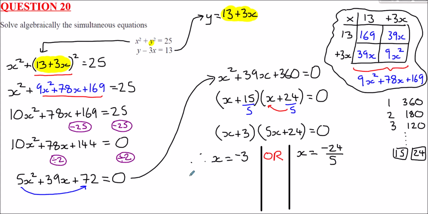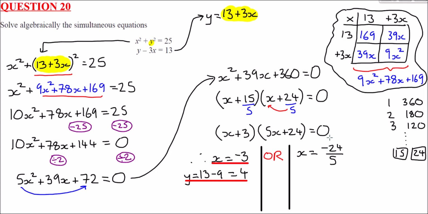If x were minus 3, remember y is 13 plus 3x, so y would be 13 plus 3 times minus 3, which would give you a minus 9. In other words, y would be 13 minus 9, which would be 4. So you've got here one solution set, x is minus 3 and y is 4.